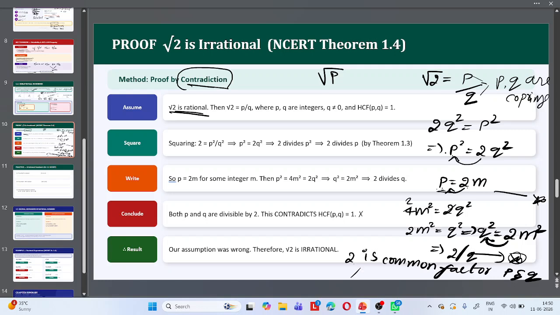But here we got 2 as a common factor. It is not possible, right? So our contradiction is wrong. Whatever we have assumed, that square root 2 is rational, is wrong. The assumption was wrong, therefore square root 2 is irrational. Understood? This is the process to prove that a given number is irrational.